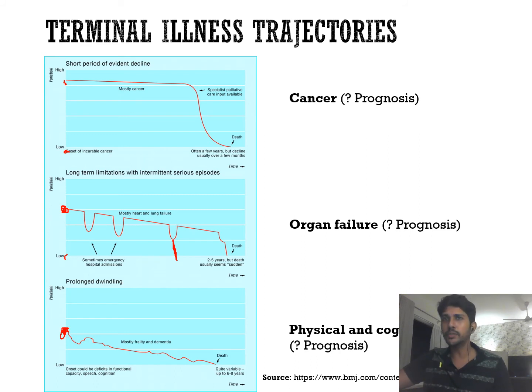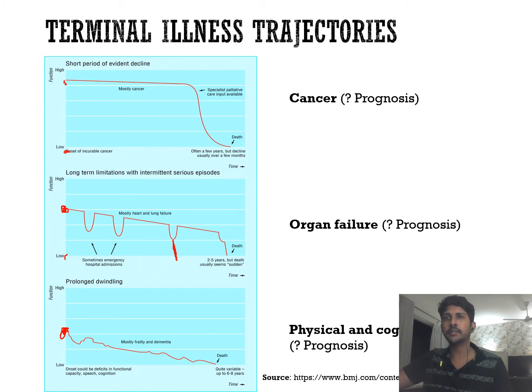So prognostication wise, this could be better predictable than organ failure, but could be worse than cancer because they also can deteriorate at some point, and they are at a very low functional level to start with when we diagnose.